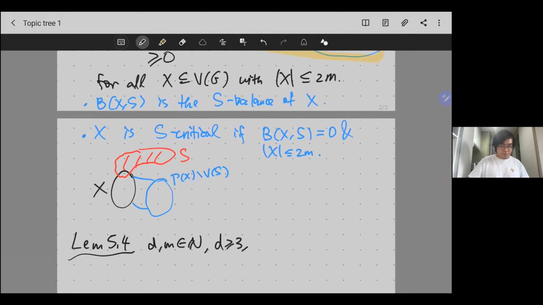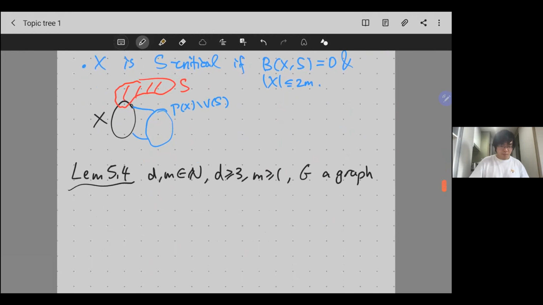Okay, some basic things. And we have G, a graph, and S is a nice subgraph. Is D-M extendable subgraph.